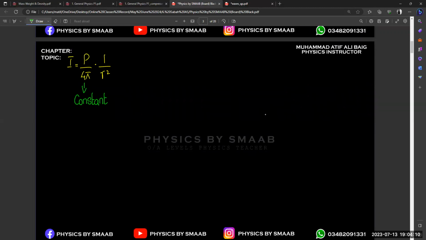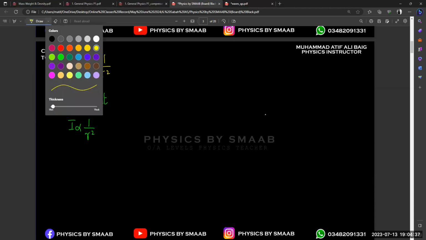But if we change the distance from the source, let's suppose we are standing at 2 meters from the source, and then at 4 meters from the source, so distance is the variable factor here, right? So I is directly proportional to 1 over r square, right?